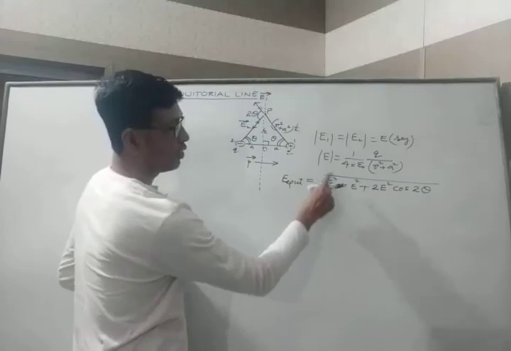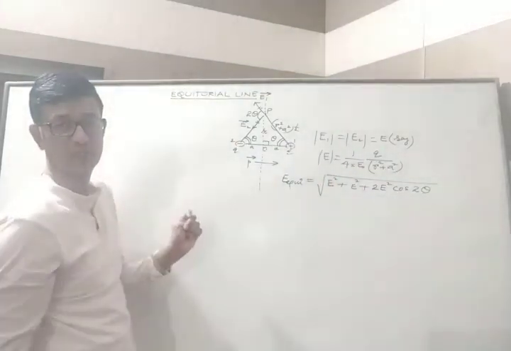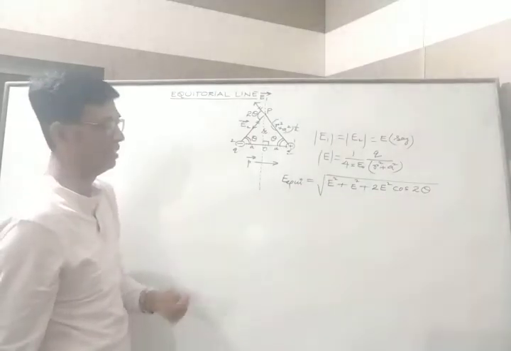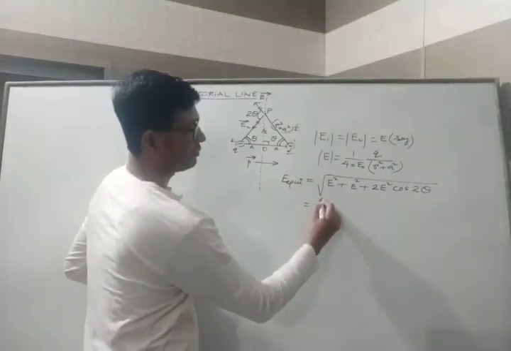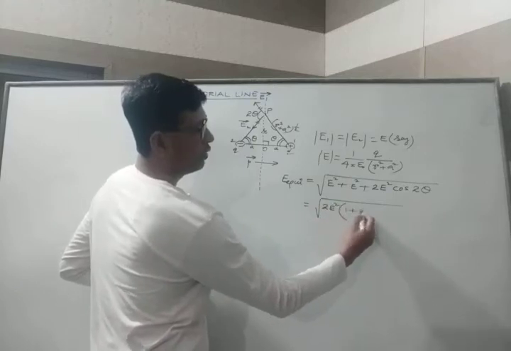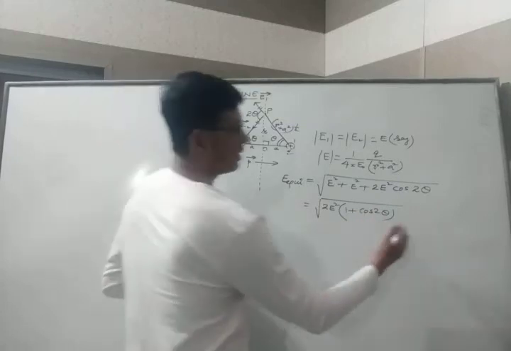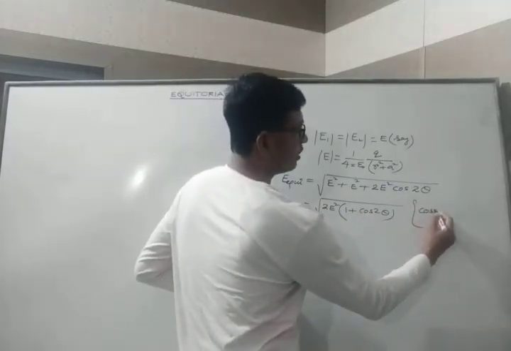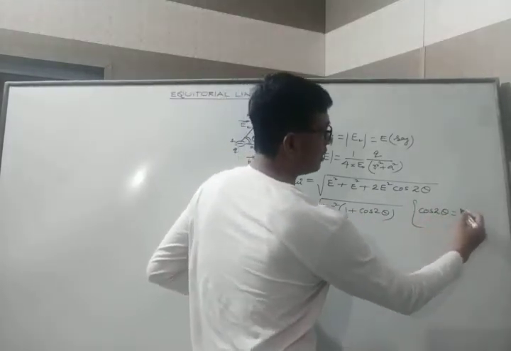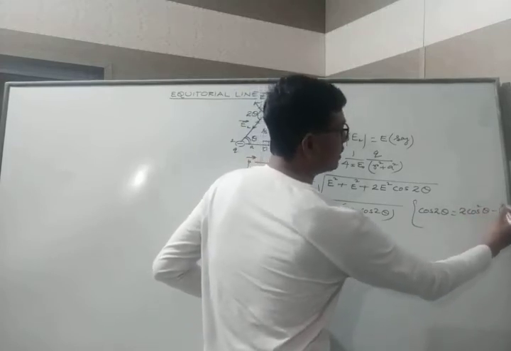So resultant is the square root of a square plus b square plus twice ab cos of the angle between those two vectors, which in this case is 2 theta. Let's solve it. It will be 2E square, which can be taken as common, times 1 plus cos 2 theta. Now cos 2 theta can be further modified. It can be written as 2 cos square theta minus 1.